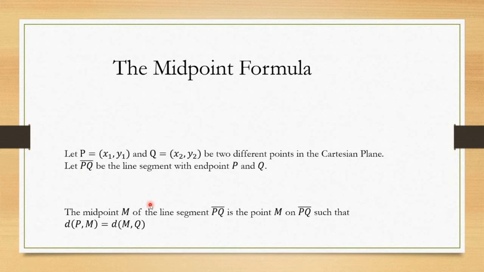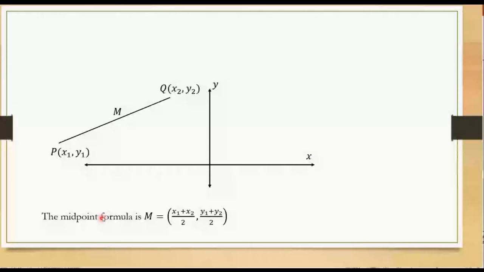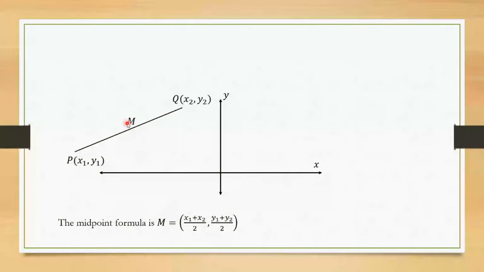Then, this is the definition. The midpoint M of this line segment, by definition, is the point on that line that satisfies this equation. Graphically, I didn't label the point, but it's going to be the point M on this line segment where the distance between M and P and the distance between M and Q are the same.